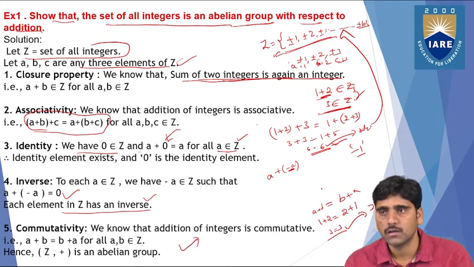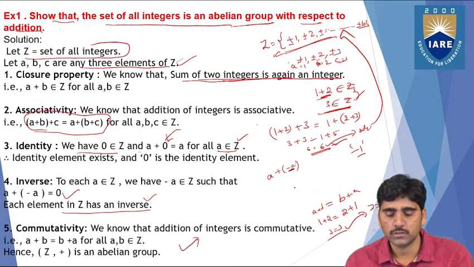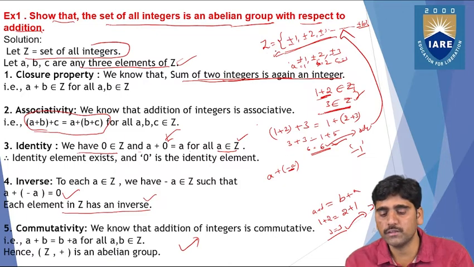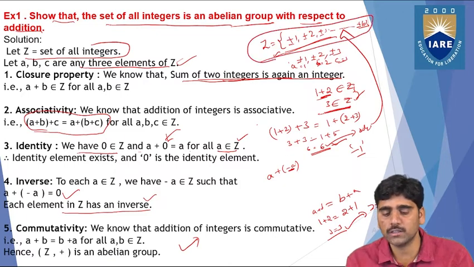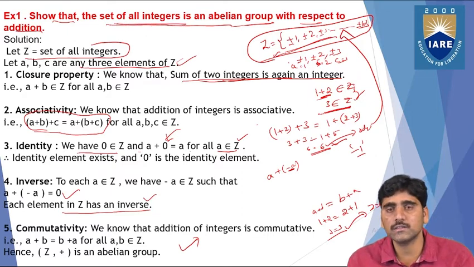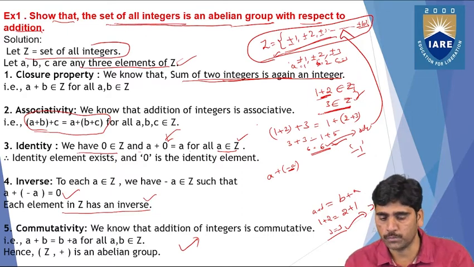If this set satisfies all these properties, then you can say that the set of all integers is an abelian group with respect to addition. That is the way you have to show the proof. Okay, so that is the way you can do the problem.